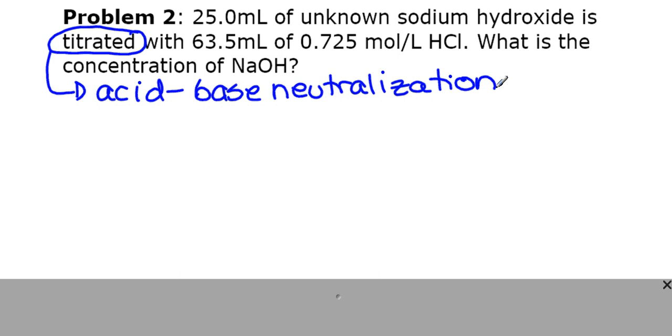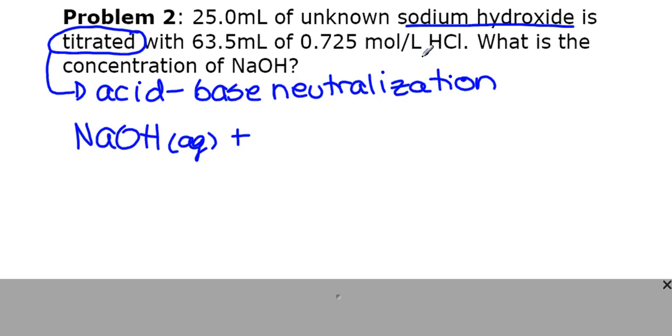So it was performed in the lab using the equipment that we just went over through a titration, but the actual chemistry that happened was an acid-base neutralization. So let's write out an equation for this reaction, and then we'll look at what's going on. We've got sodium hydroxide, then we've got hydrochloric acid.